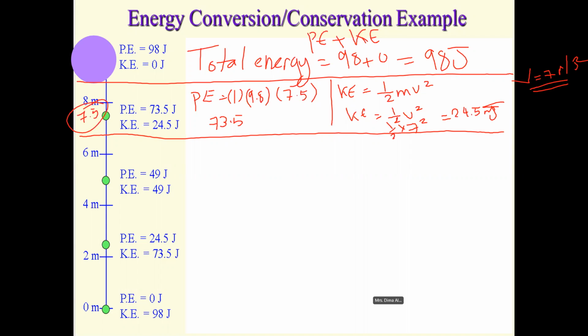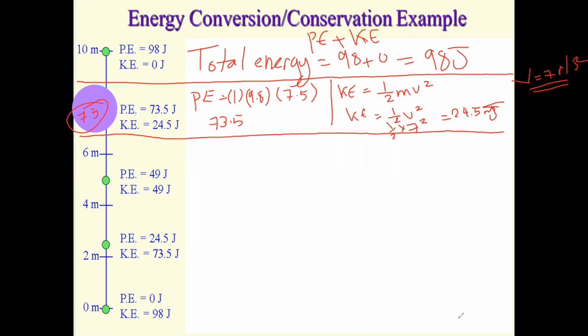So at 7.5 meter, after 2.5 meter, there's a potential and there's a kinetic, because the ball still has potential energy. The potential energy at the beginning was 98, but after 2.5 meters it is 73.5 joules. That means the potential energy decreases since it's going down, but the kinetic energy starts with 0, and now it comes as 24.5. It starts to increase. Now look at the total of them.